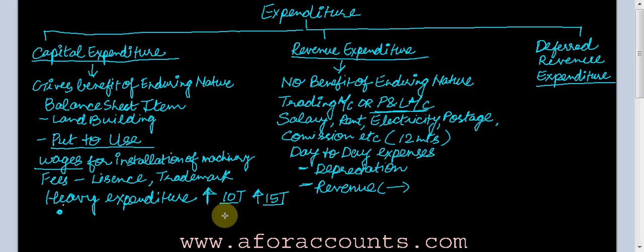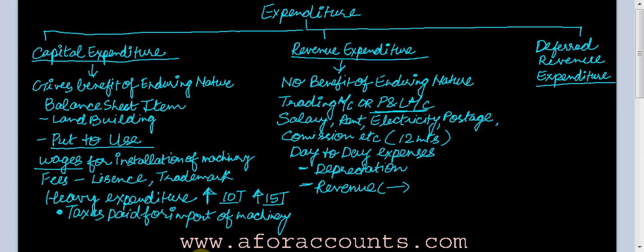But taxes paid for import of machinery are capital in nature, because till now you have not started the machinery. The machinery has not yet started production. Till the time it is put to use, all the expenses are capital expenses, and so these will also be included in capital expenses.